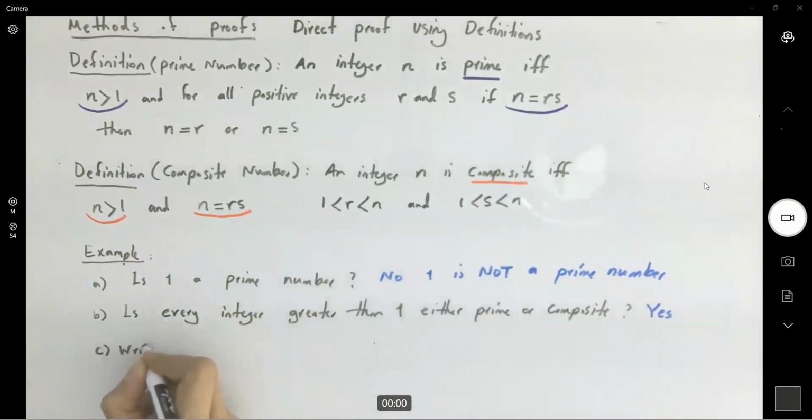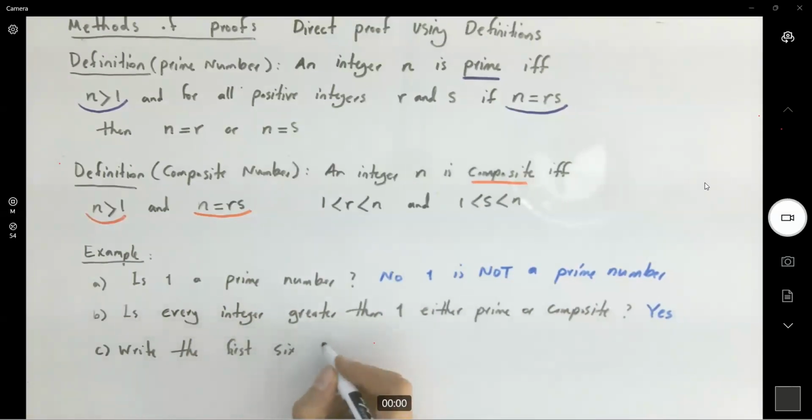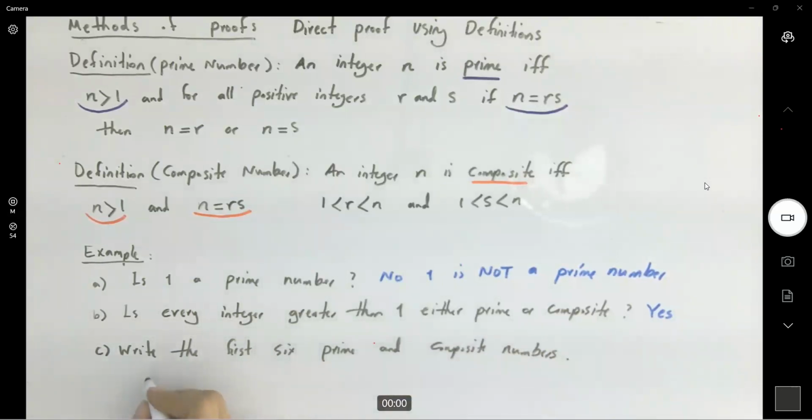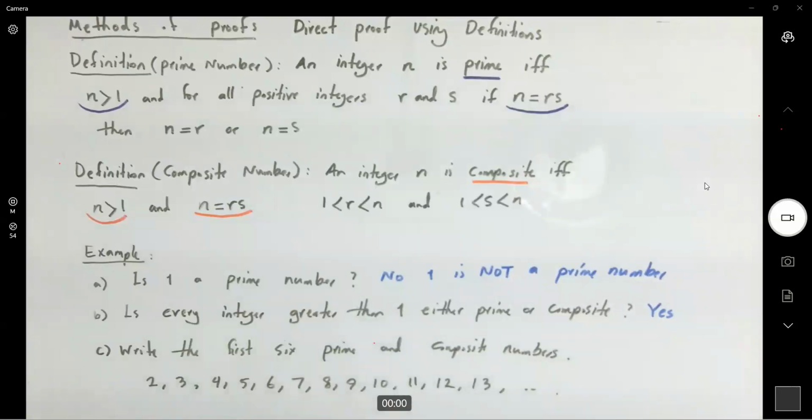The first several prime and composite numbers. Okay, very good. 2, 3, 4, 5, 6, 7, 8, 9, 10, 11, 12, 13, and the rest of the numbers. 2 is prime.